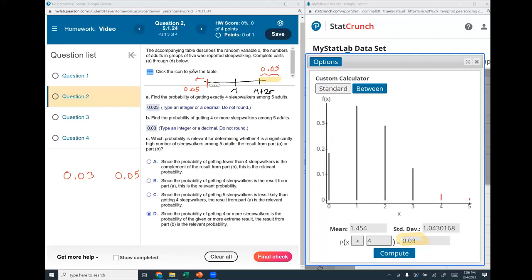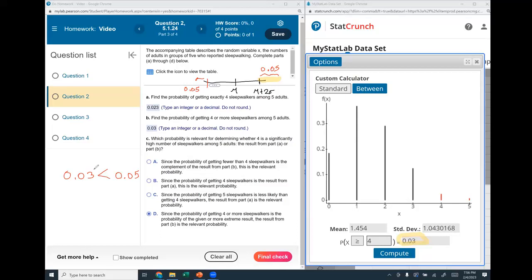Okay, so yes, I'm sorry, 0.03 is smaller than 0.05, which means that both 4 and 5 adults are a significantly high number of sleepwalkers.